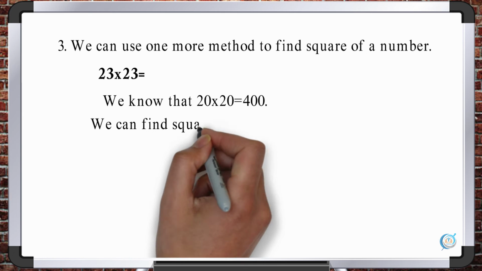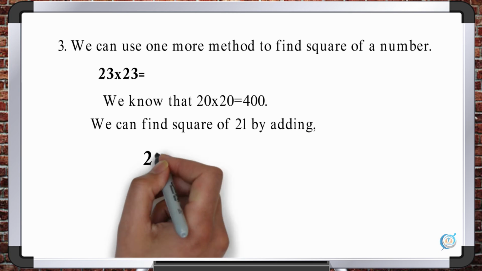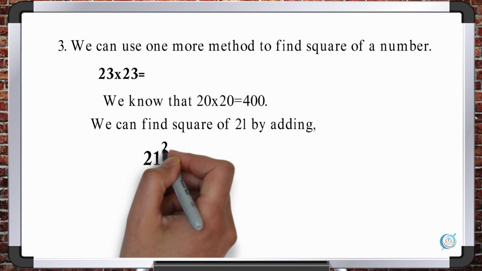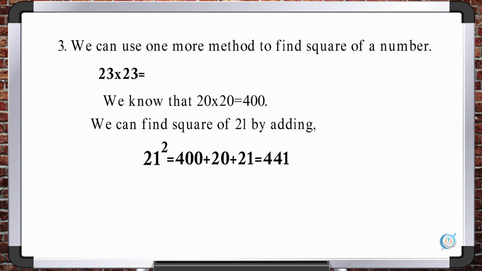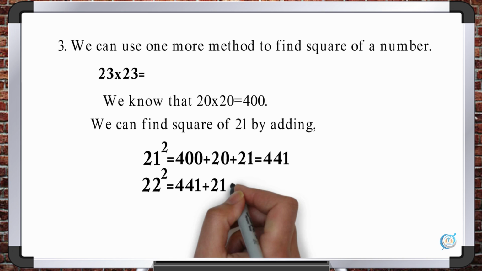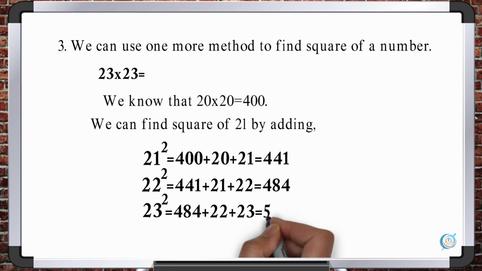So we can find the square of the next number, that is 21, by adding. 21 square is equal to 20 square, that is 400, plus 20 plus 21, that is 441, and 22 square will be 21 square, that is 441, plus 21 plus 22, and 23 square will be 22 square, that is 484, plus 22 plus 23, that is 529.